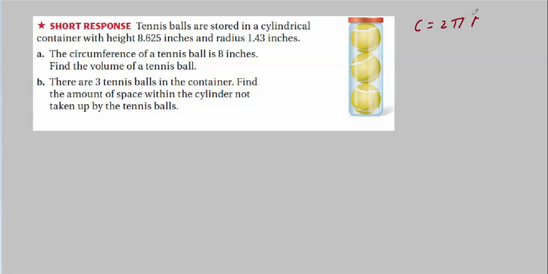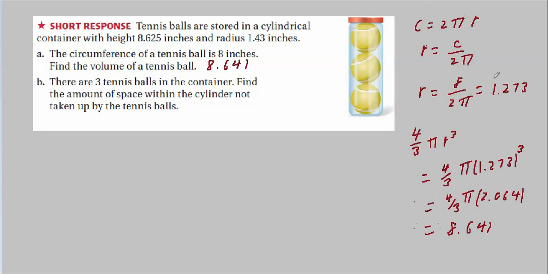They didn't give us r, but they gave us c. So we just have to go backwards and get that r equals c over 2 pi. So once we have the radius, we just plug it into our 4/3 pi r cubed.